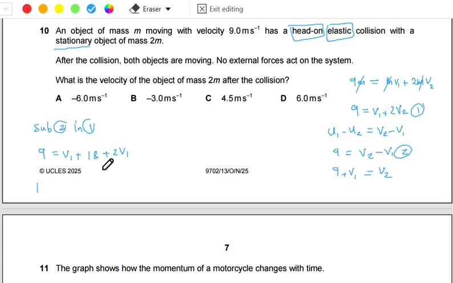So we have 3v1 equal to minus 9. So v1 equals minus 3, and we can from equation 1 here, or from equation 2, find that v2 equals 6.